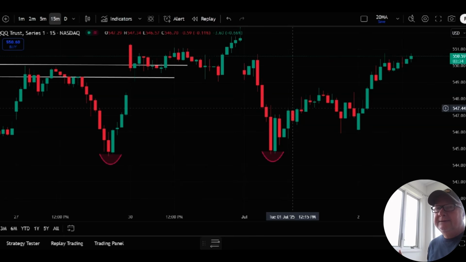So those are some ways to trade price action and not indicators, which I think is a much simpler way to trade.